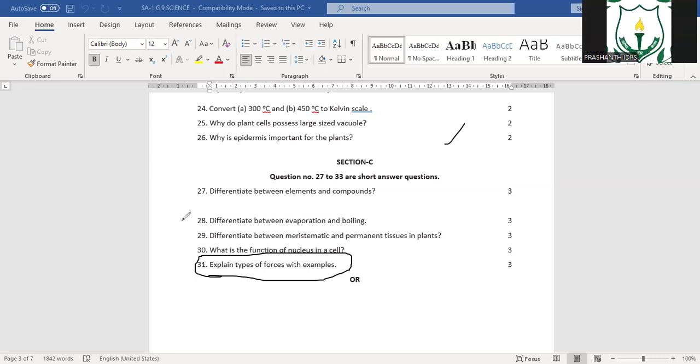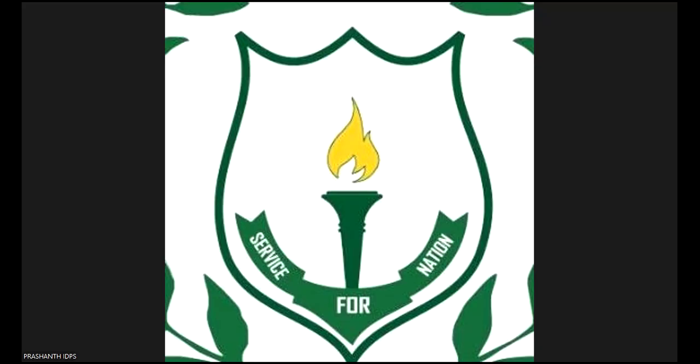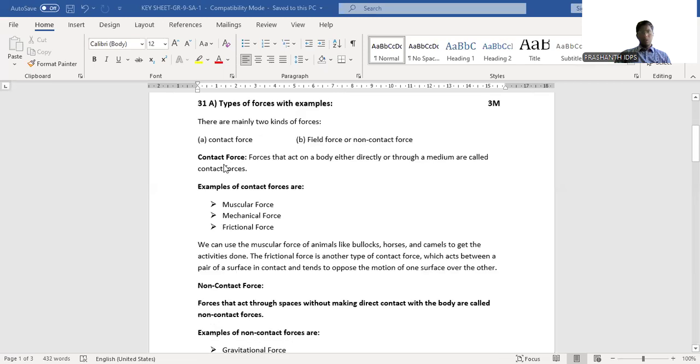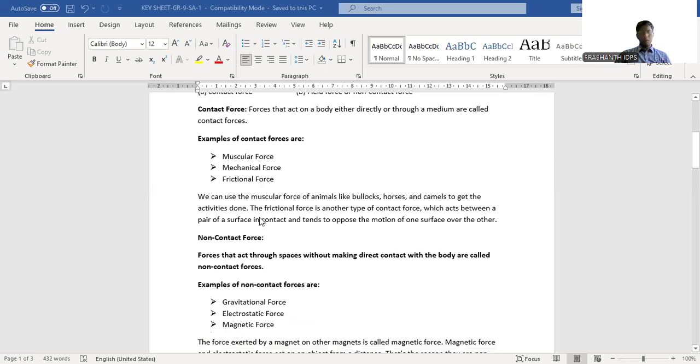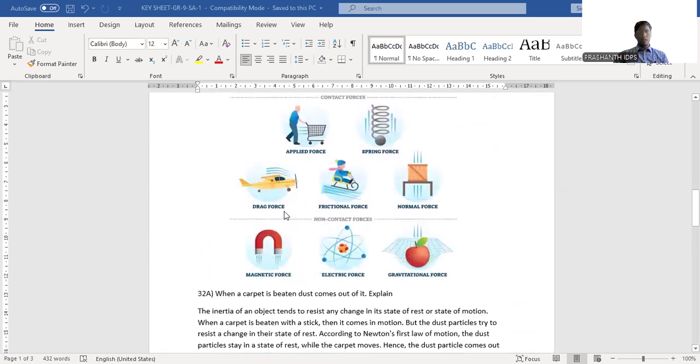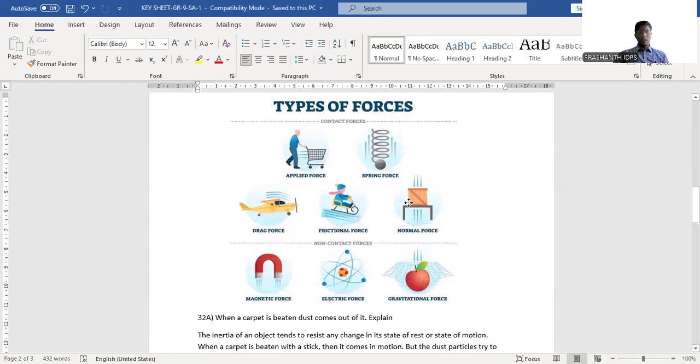See, all these answers are already there in the key sheet. Question 31 is for 3 marks. Types of forces, contact and non-contact, and examples also. I have asked for examples, right? So examples of contact forces and examples of non-contact forces. Here I have given a picture because it is easy to identify and easy to remember also.